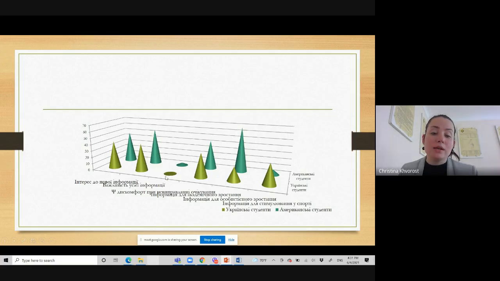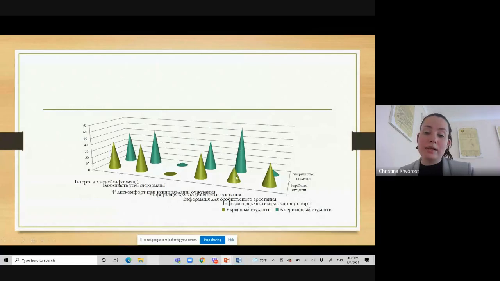The next one is psychological discomfort when the information is not as was expected. So for Americans, it is more valued, but it is almost not very important overall, according to the results. The most important, we see in the last positions.